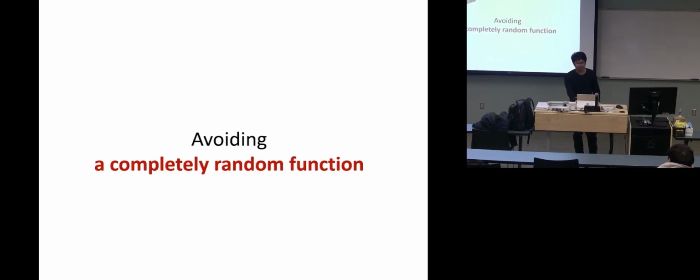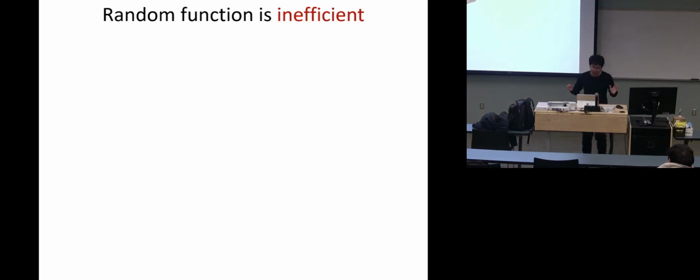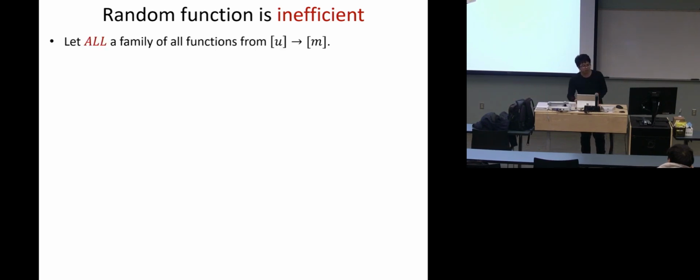Okay. So why do we want to remove this assumption at all? Why do we want to avoid a completely random function? The reason is that a completely random function is just inefficient. So how to see this? Let's say that all is the family of all functions. It contains all functions that map U to M. So how many functions are in this set all?